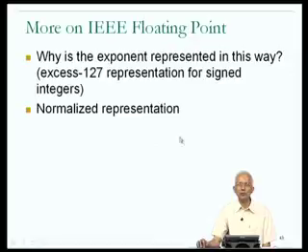Now, if they had used 0 point f, just note that inside the fractional field of 23 bits, it is possible that the first bit could have been a 0, or the first 5 bits could have been zeros. Okay? What this means is that there would have been many different ways to represent the same real value.